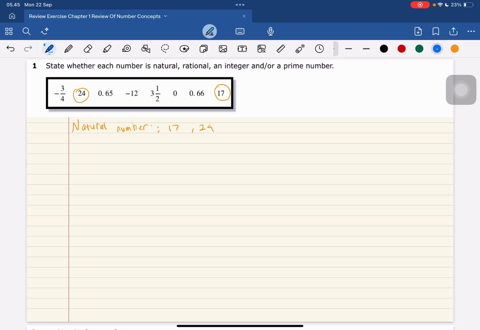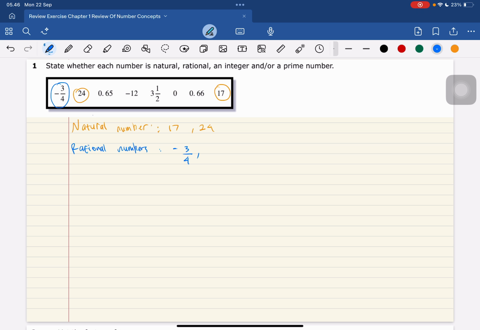Next is rational. The rational numbers are all integers, decimals, and fractions. So we can write it here. We got minus 3/4.